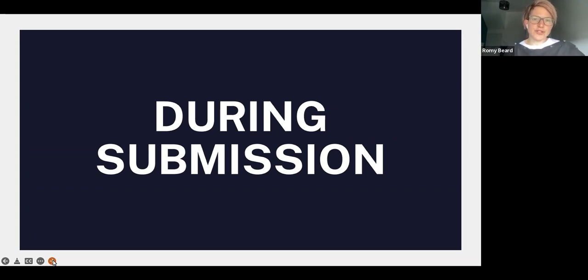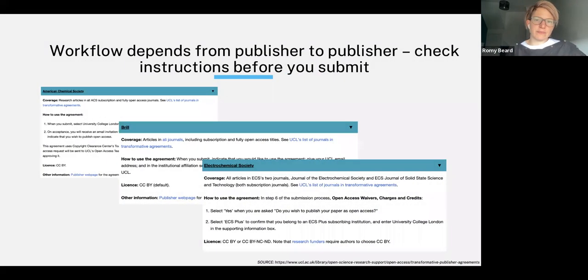So then in terms of during submission, the workflow really depends from publisher to publisher. And as we saw in the detail for Wiley and the Danish library, there's certain steps you have to go through as an author. This example is again from University College London, and I've just looked at some of the examples, and you can see how it varies from publisher to publisher.